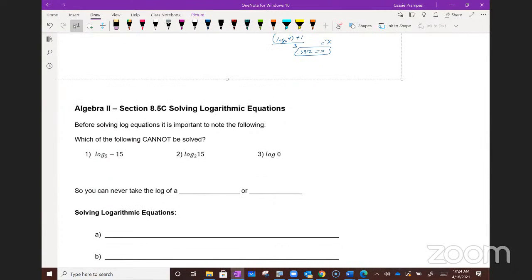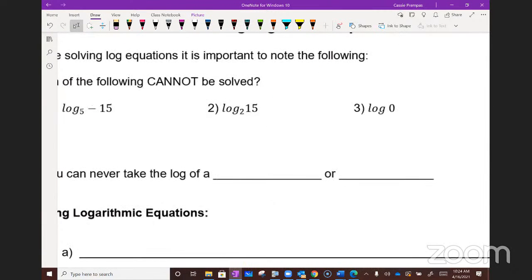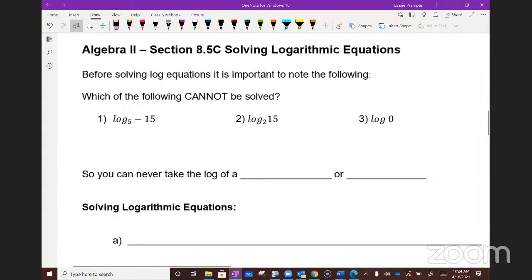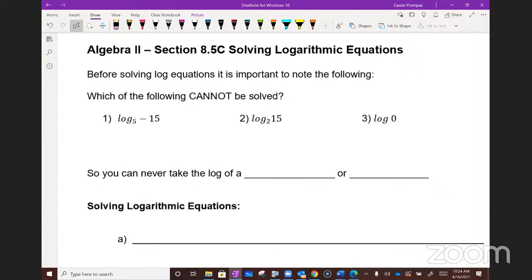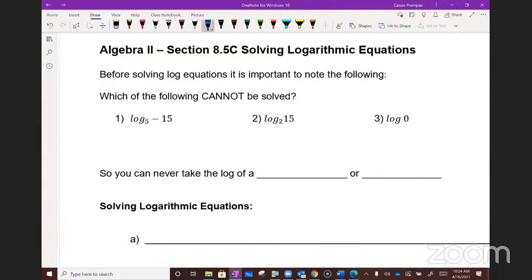The last thing we need to take a look at is solving logarithmic equations. And before we can do this, we really need to determine when log equations cannot be solved. So looking at this question, which of the following cannot be solved? Let's think through these. Looking at number 1, 5 to a power gives me negative 15.